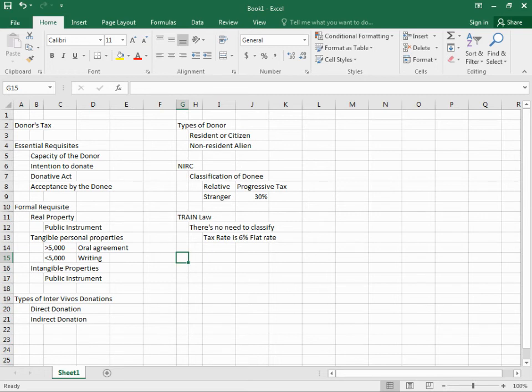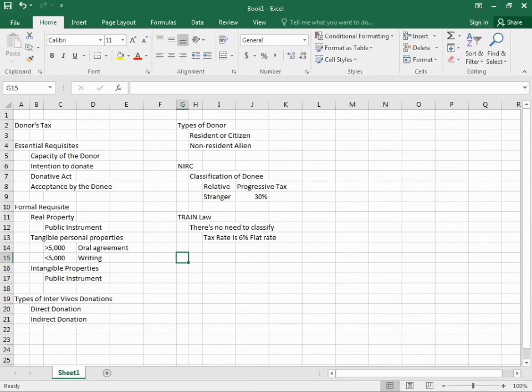Next, we have transfers for insufficient consideration involving real property classified as capital assets. Okay? Kapag real property classified as capital assets kasi, of course, yung income or loss on that property is taxed using our rules on capital gains tax.